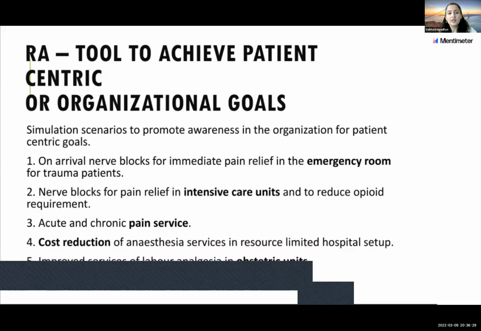For example, on-arrival nerve blocks for immediate pain relief in the ER for trauma patients could create a patient-centric goal to relieve pain as soon as they enter the hospital. Nerve blocks for pain relief in ICUs reduce opioid requirements and help in early weaning from ventilators. Acute and chronic pain services in the hospital could also use regional anesthesia as a base.